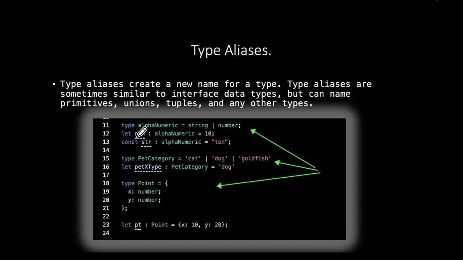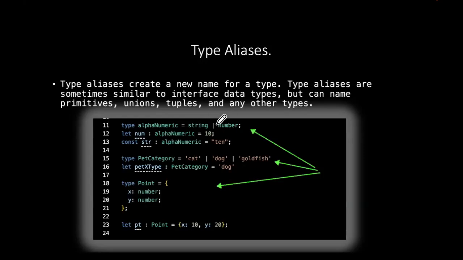So don't interpret this to be a compilation error. It's not. This is a perfectly legal and valid line of code based on the type alias that I've declared up here. I'm declaring another variable called str. It's also of type alphanumeric, but in this case, I'm assigning it a string. And syntactically, that's also acceptable because I've said up here that alphanumeric could be this or this.